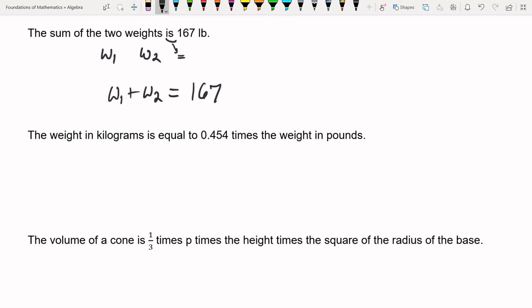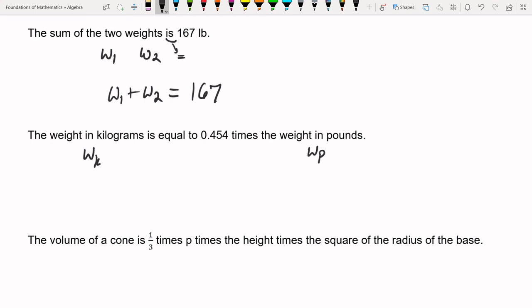Okay, moving on. The weight in kilograms is equal to 0.454 times the weight in pounds. So I'm going to use WK for weight in kilograms, and WP for weight in pounds. Typically, we use variable definitions that relate to the problem.